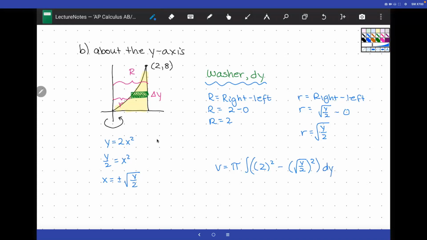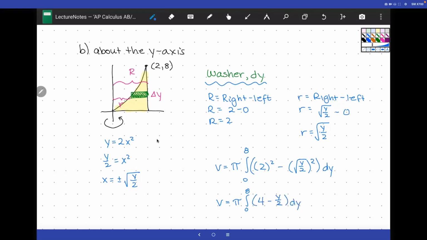What are my limits of integration going to be? Is it 0 to 8? Yes. Remember, since it's a dy problem now, our limits have to go along the y-axis. And I could clean this up a little to make it easier to put on my calculator, and also if I was going to do this by hand.